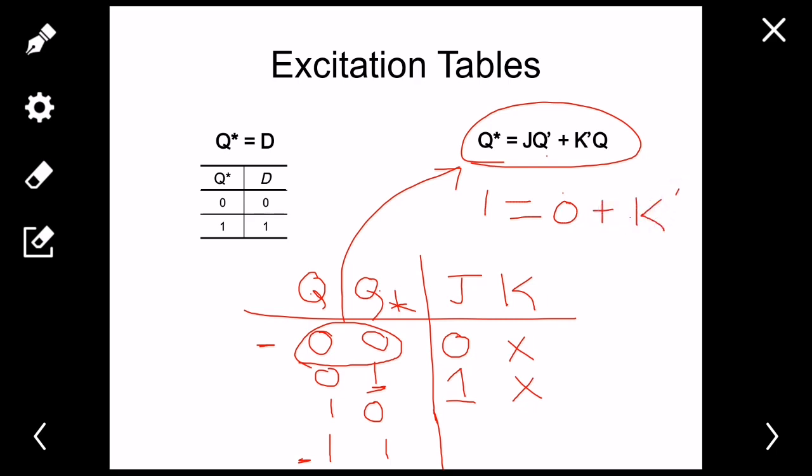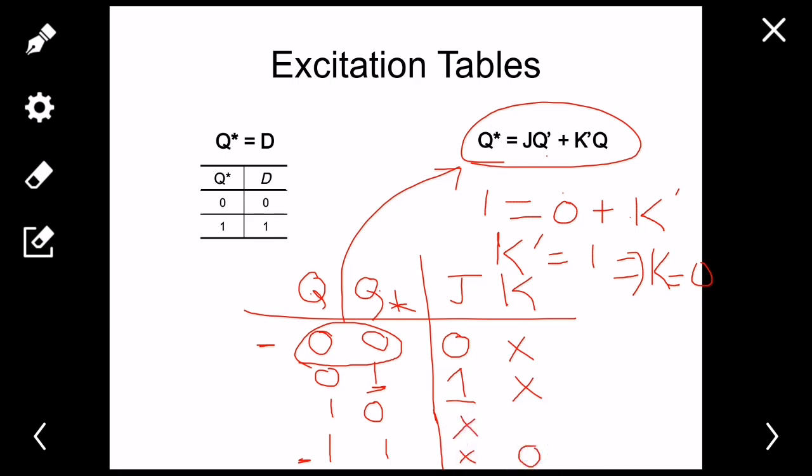So K prime is equal to 1. So what is the value of K? K is equal to 0, definitely. Now J is vanished, so J is don't care, and K is 0.